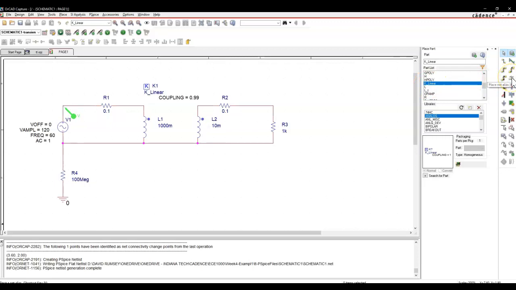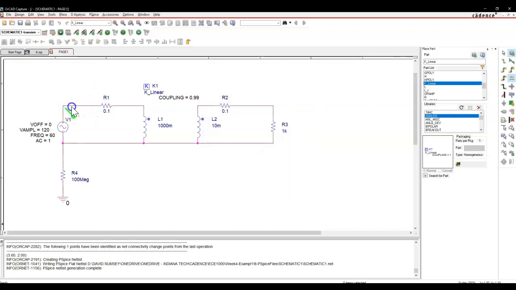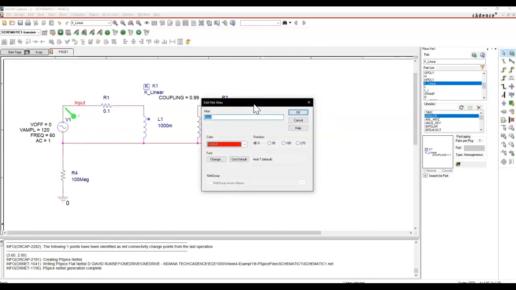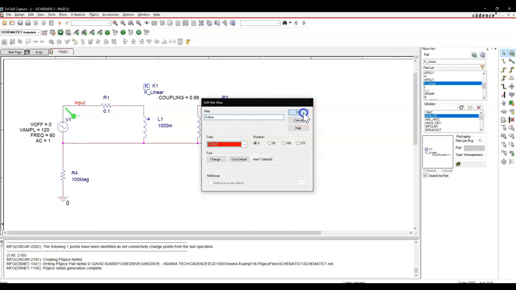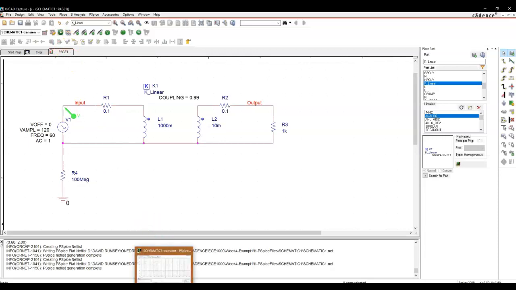It's this right here, called the net alias, and it's for N. I'm going to put net alias, name it input, and put it right there. And I'm going to put another one here and change this one to named output. You don't have to do this, but it makes it easier to have the system do measurements for us.